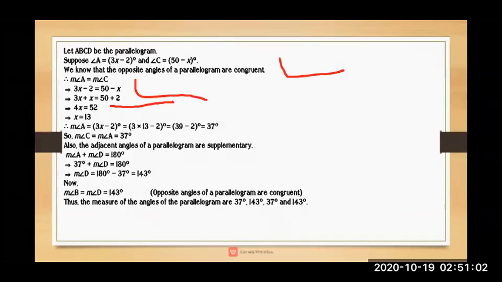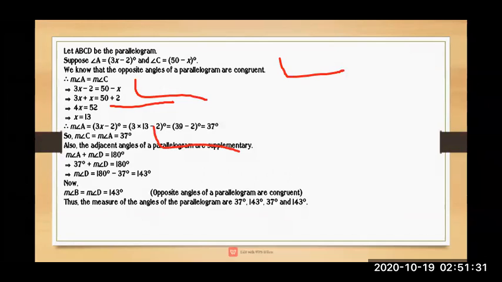Now x we got as 13, that means 3 multiplied by 13 minus 2 degrees. Now 3 times 13 is 39, and 39 minus 2 is equal to 37. That means measure of angle C is equal to measure of angle A, which is 37. I hope you people have understood.